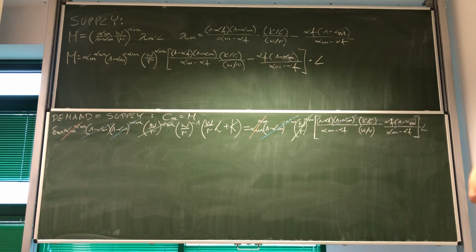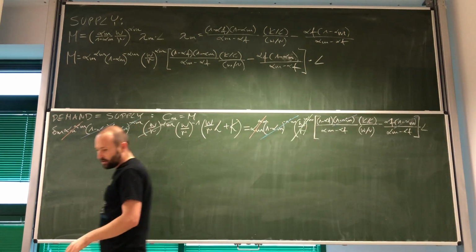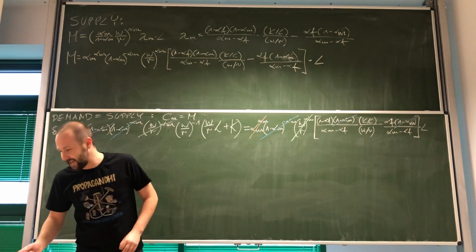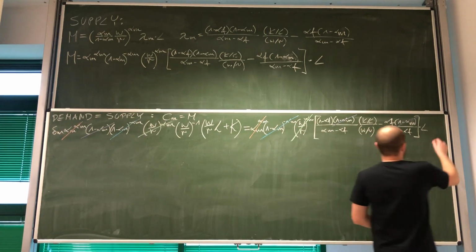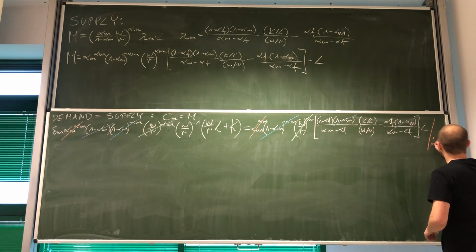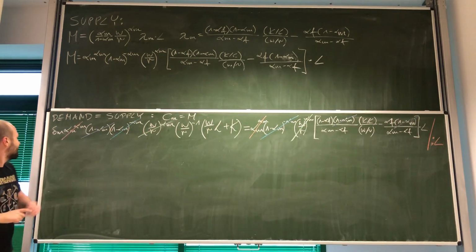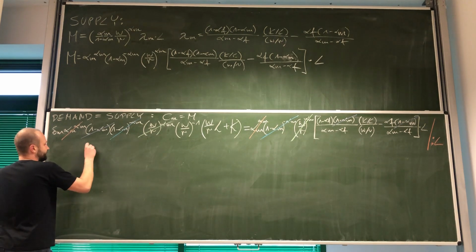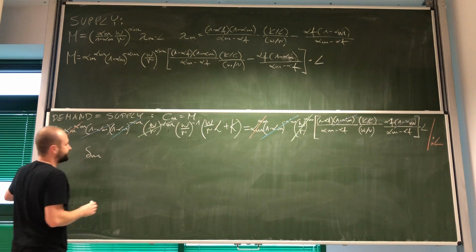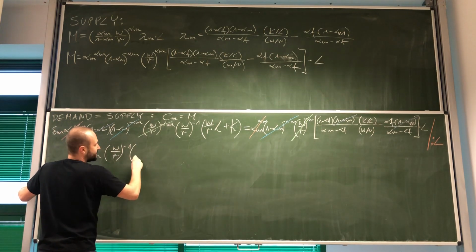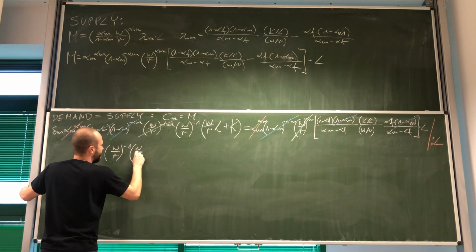Okay, and look, I'm gonna do one more thing here. I'm gonna divide both sides of this equation by L. Okay, and look, what do we get? Now we've got only delta m times w over r to the power negative 1 times w over r.